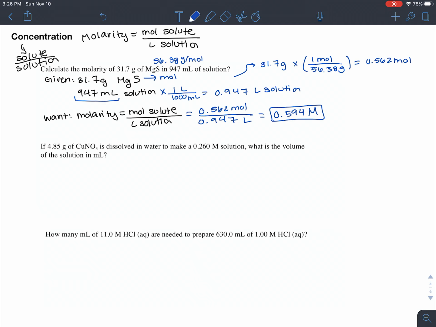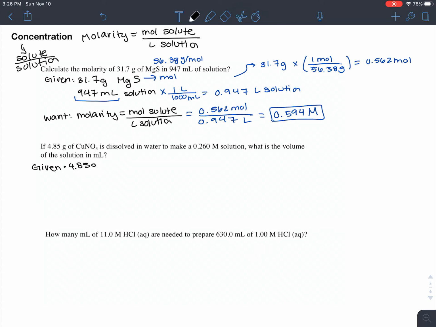Now let's look at the next problem. It says if 4.85 grams of copper nitrate is dissolved in water to make a 0.260 molar solution, what is the volume in milliliters?